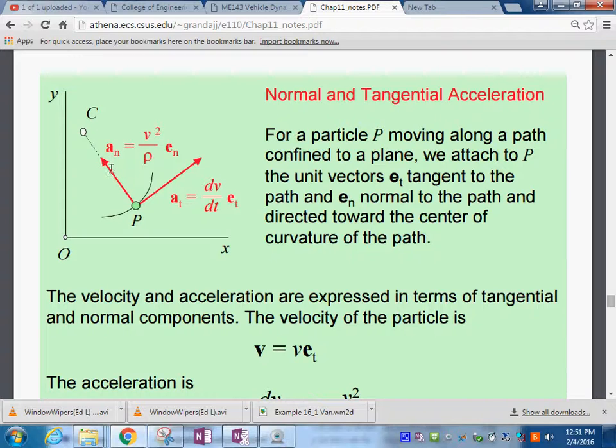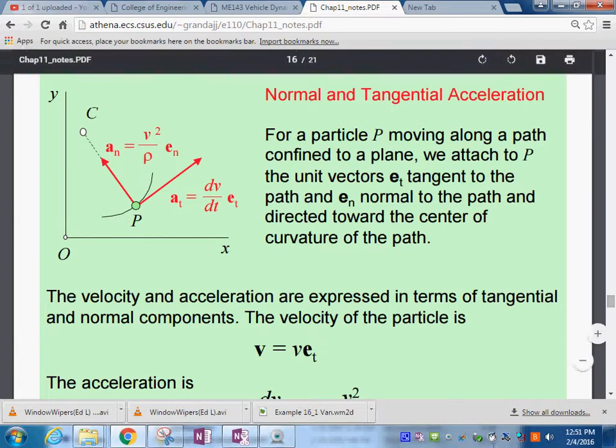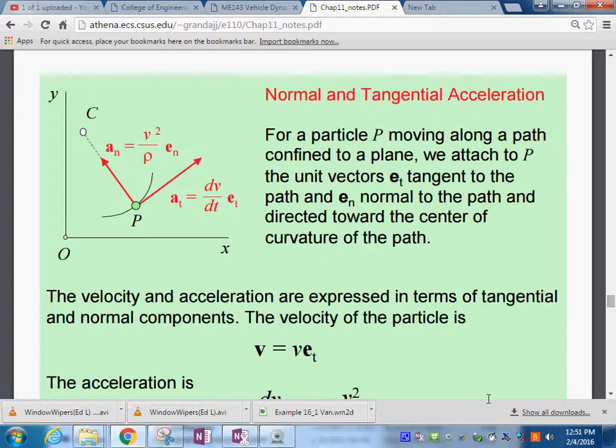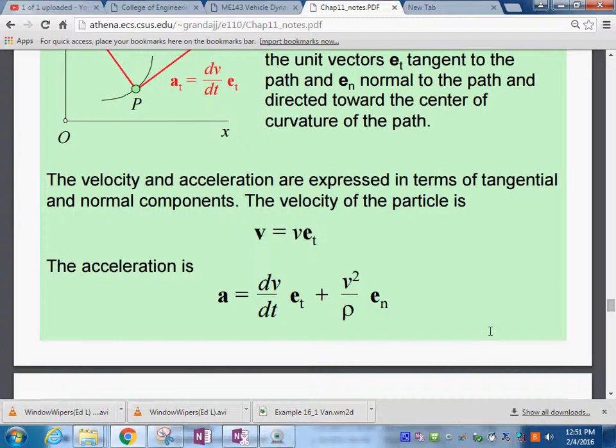So in this case, for a particle, we put the unit vectors so that we can actually decompose it into the components, and in fact that's what has happened here. The velocity and accelerations are in terms of the tangential and normal components. You could have the tangential component with dv/dt or v dot in there, and the other one is going to be controlled by the normal acceleration.